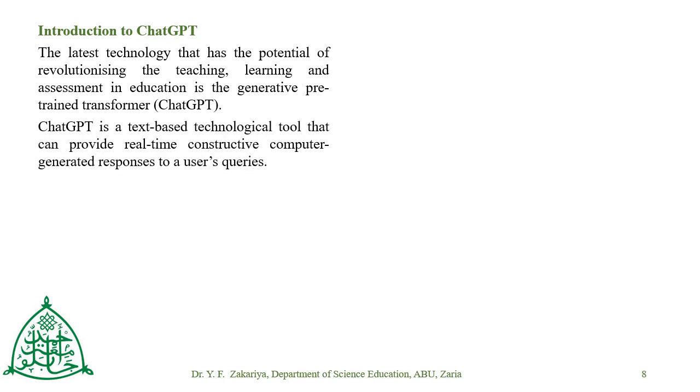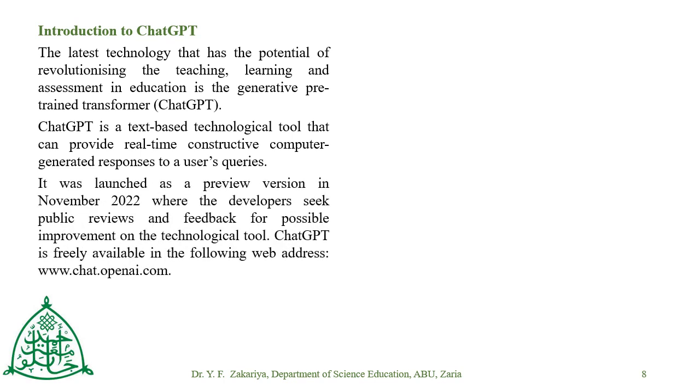ChatGPT is a text-based technology tool that can provide real-time constructive computer-generated responses to user queries. It was launched as a preview version in November 2022, where the developers seek public reviews and feedback for possible improvement of the technological tool. ChatGPT is freely available software, and you can find it on this website over there.